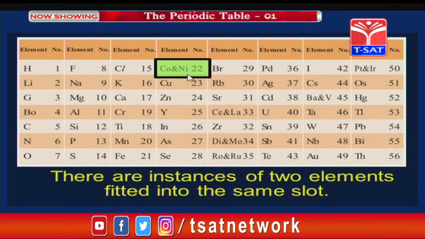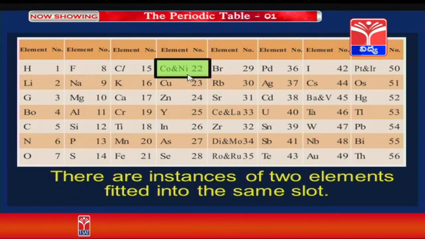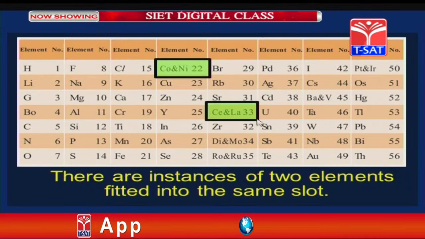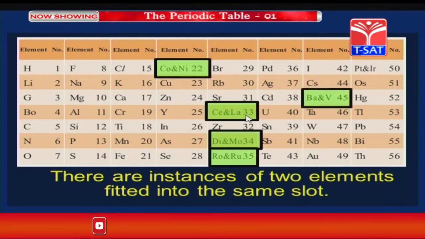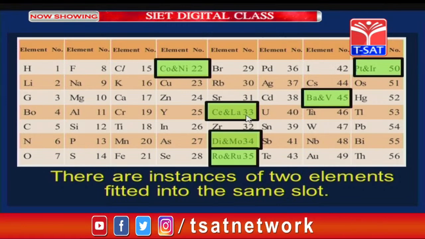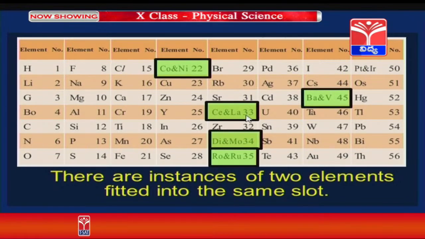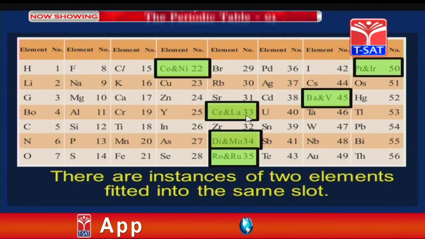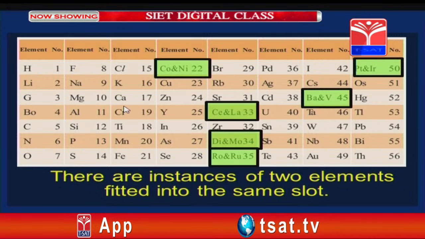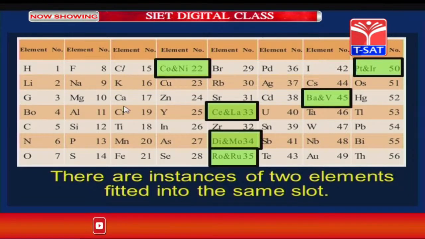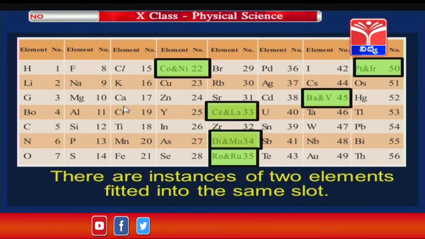Hydrogen, fluorine, chlorine, only one element is incorporated, but in this 4th column you observe that cobalt and nickel are placed in the same column. Like that we will find other instances: cerium and lanthanum, rhodium and ruthenium, barium and vanadium, platinum and iridium. All these are instances where he placed 2 elements in a single slot.